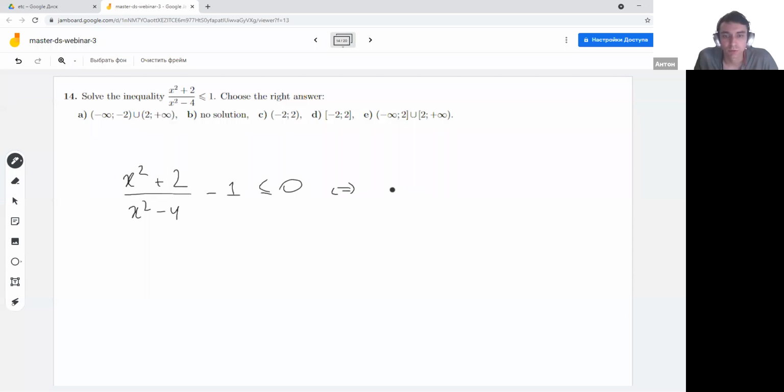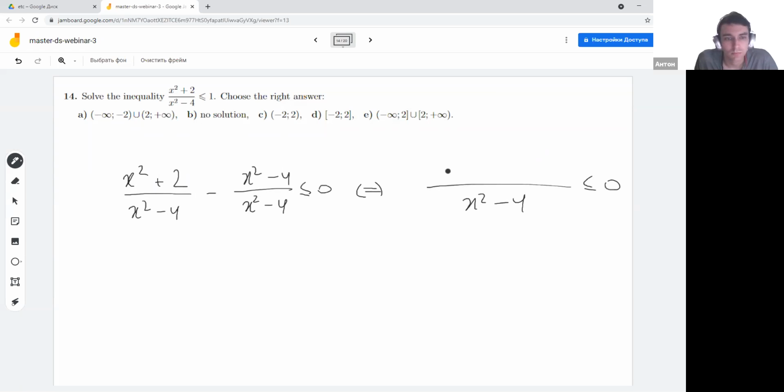Let's reorder it. Because there is not so much space on the slide, I'll just use the rubber. I will represent 1 as a fraction and do the calculations.